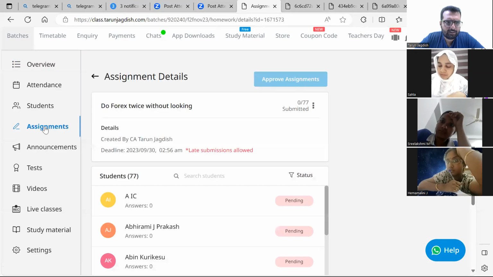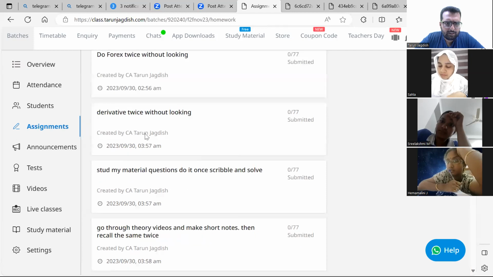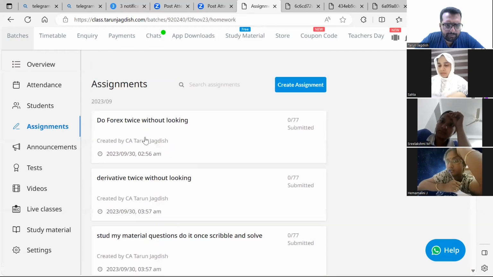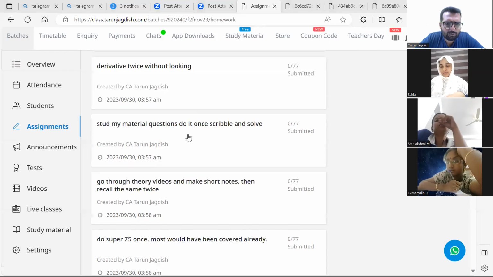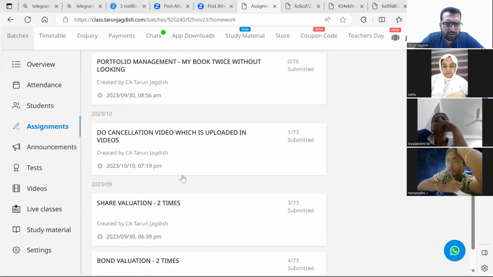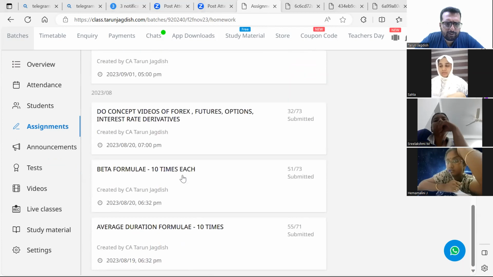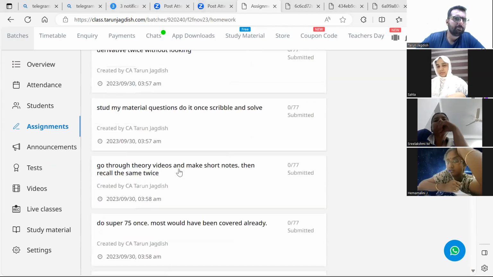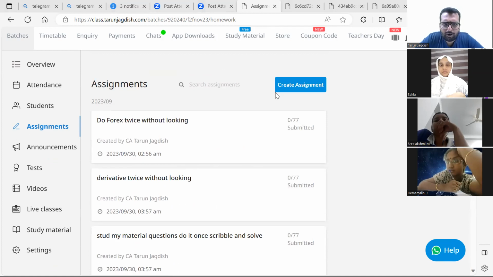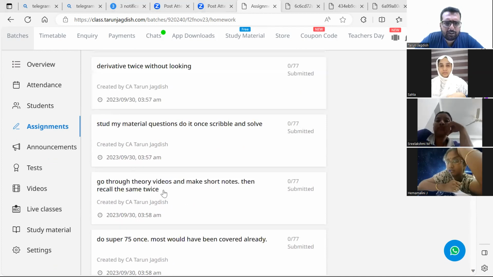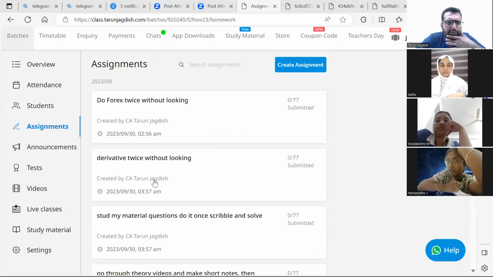Assignments. There is a question paper here. Did I put that question paper in the face-to-face batch also? Not able to find that assignment here. Only Forex I can see. Go through the theories of 75.